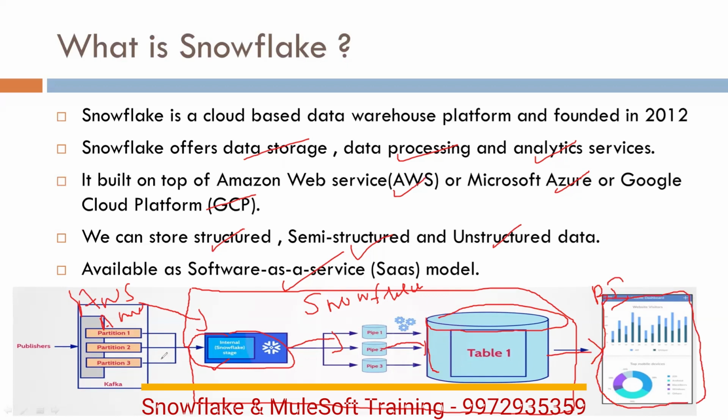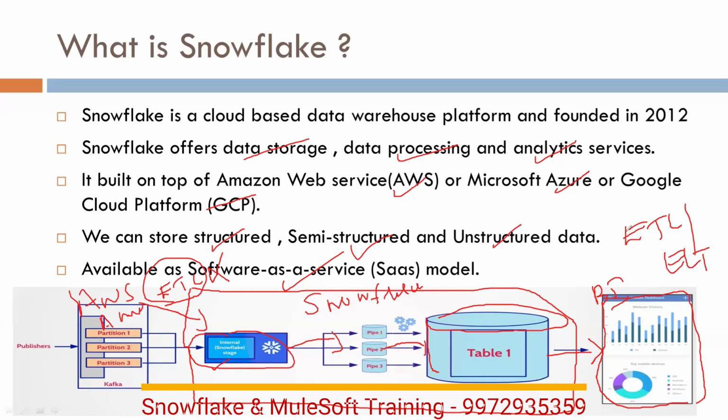Normally, we need ETL tools. ETL is nothing but extract, transform, and load. But here, Snowflake has it built in. Without using any third-party tool, we can perform ETL and ELT operations.